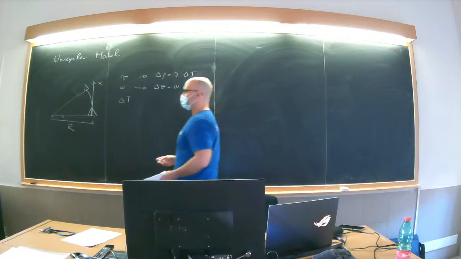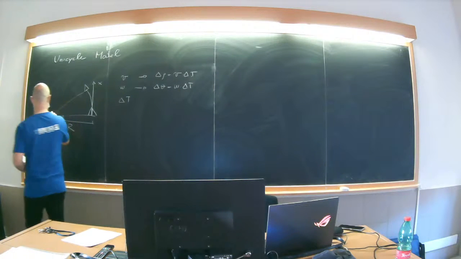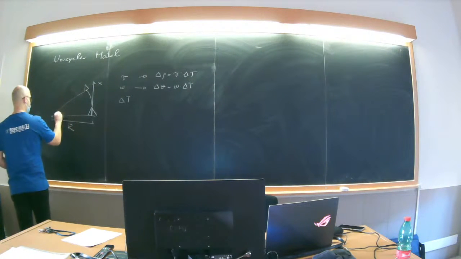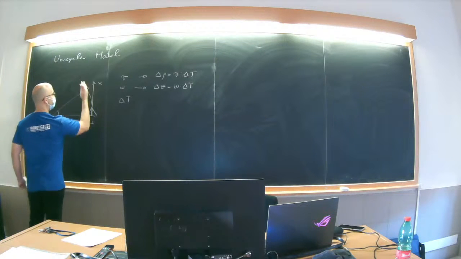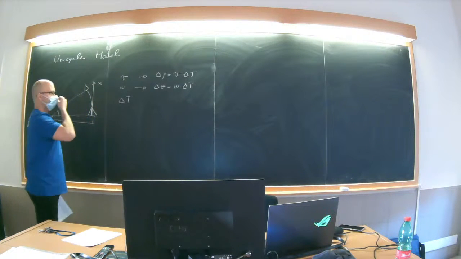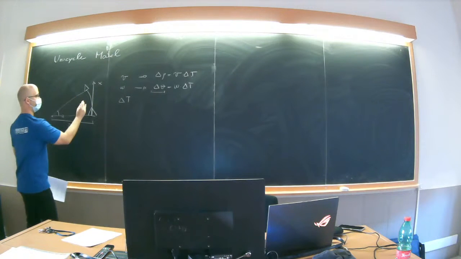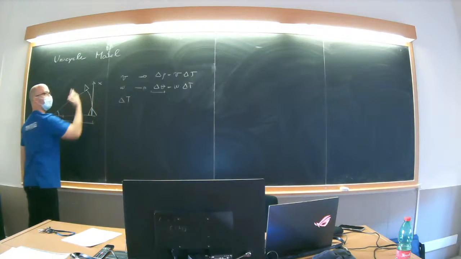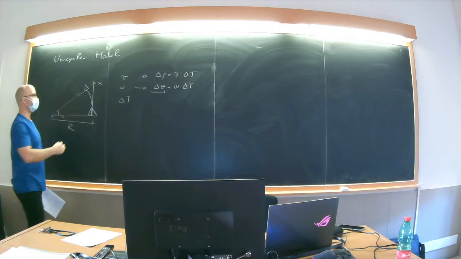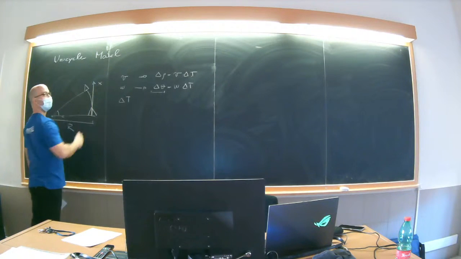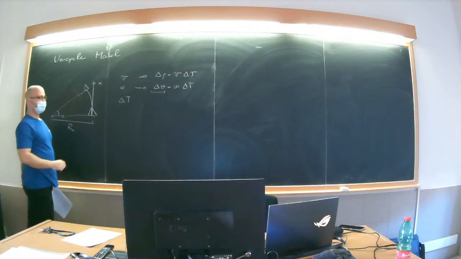Okay? And we have this relationship. We said that the robot moves along an arc of radius r. Clearly, the change in orientation between this position and this position will be equal to delta theta.